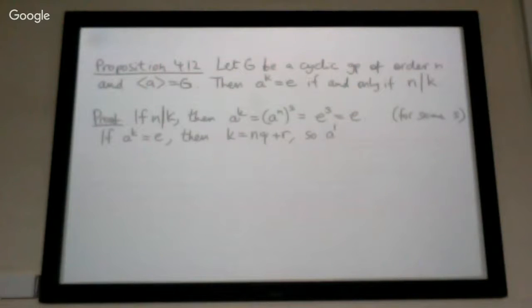And therefore, a to the k is a to the n q plus r, which is a to the n to the q times a to the r, which is a to the r.